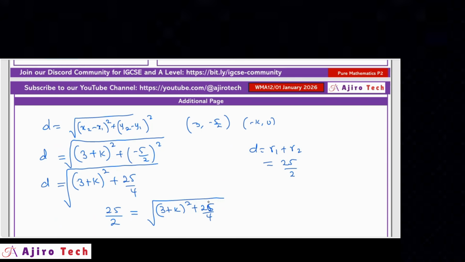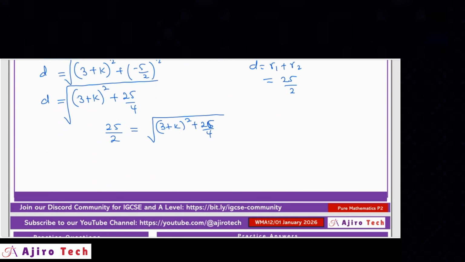So if we decide to square both sides, we should have 625 over 4 equals 3 plus k all squared plus 25 over 4. So we have to manage our space here for us to complete this. I don't want to expand, I want to take this to the other side.